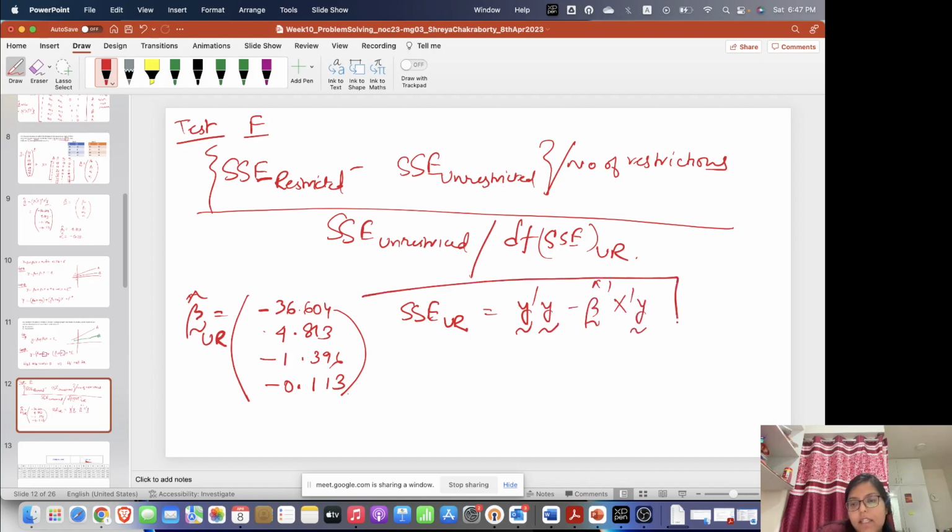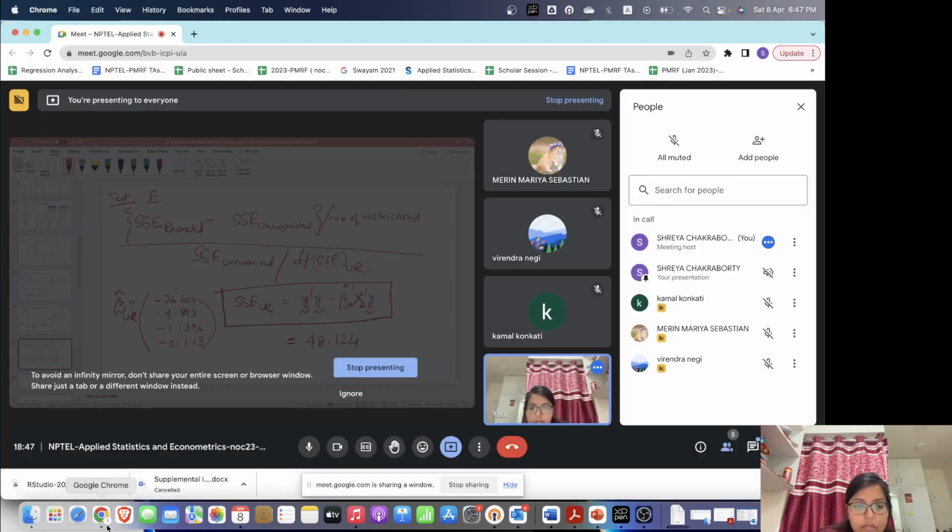This is the formula for sum of squares errors. Now if we use the y vector and the x model matrix that we used previously, and this beta hat unrestricted, and plug in all the values, we would get sum of squares error equal to 48.124.